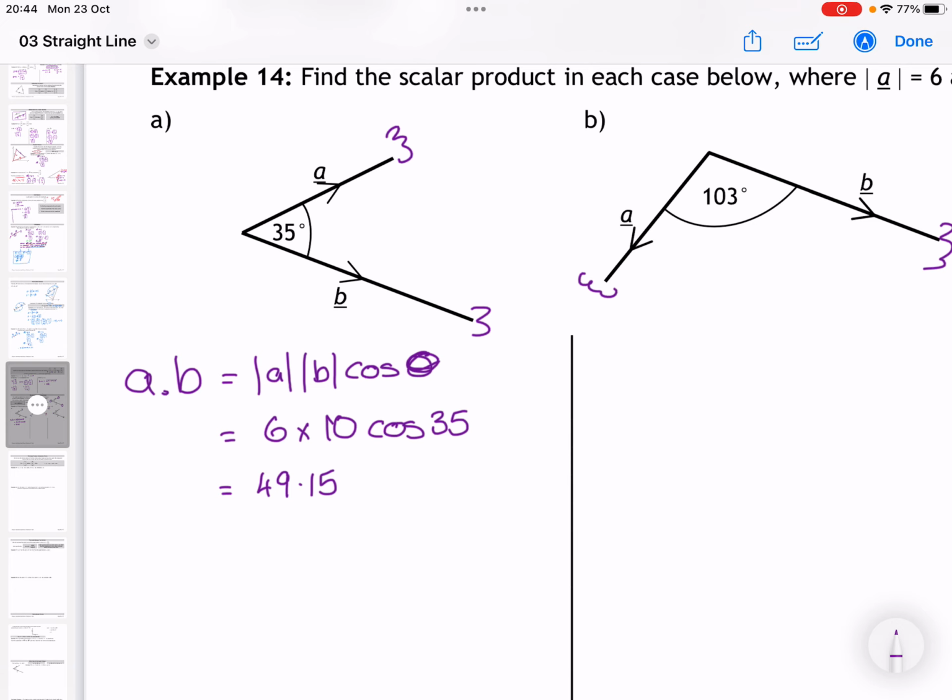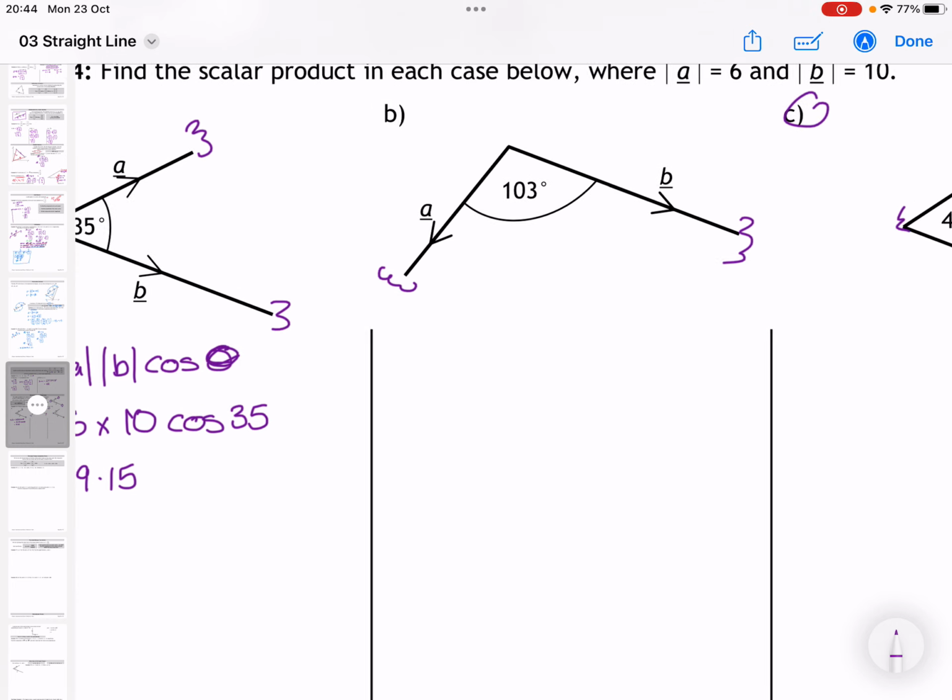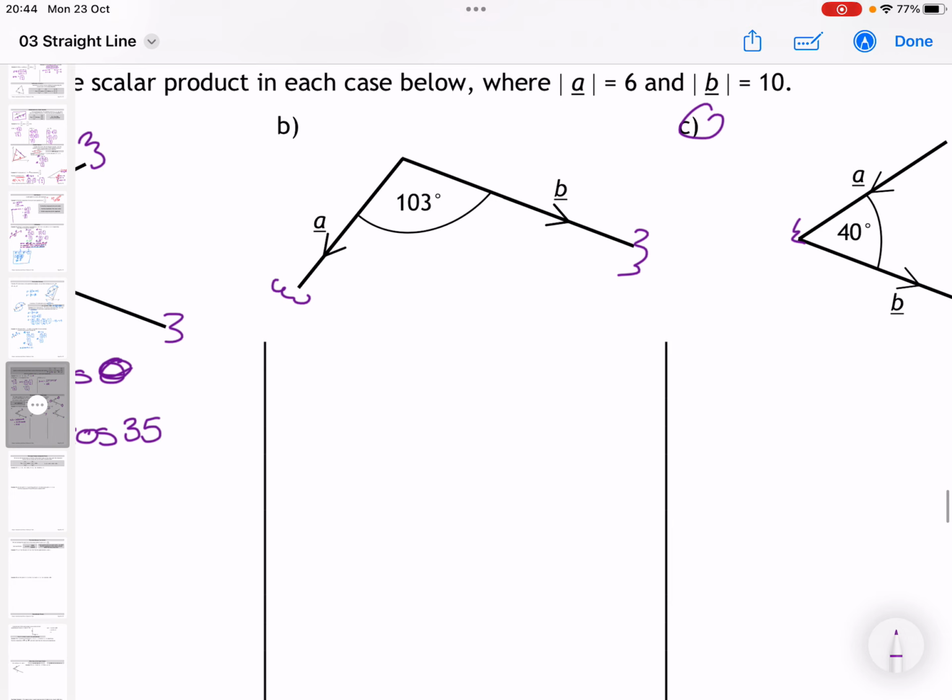That's it. All you're looking for is a scalar, which is just a number, no direction to it, no component, nothing. Okay? On b, we are the same. a dot b equals magnitude of a, magnitude of b, cos theta. Ooh, better theta this time. So we are 6 times 10 times cos 103.